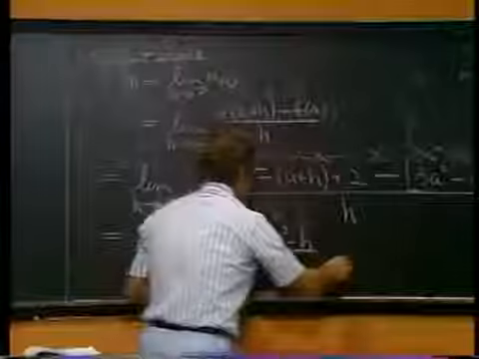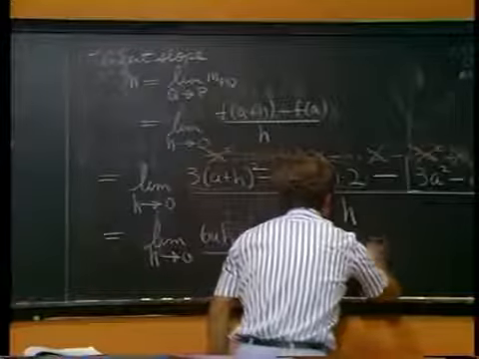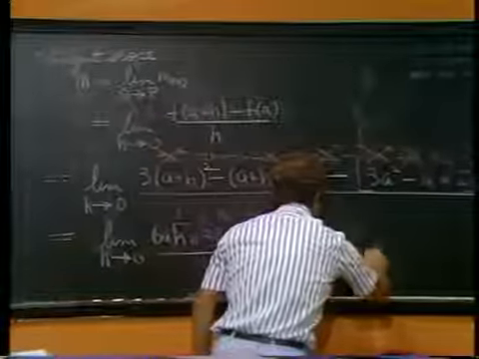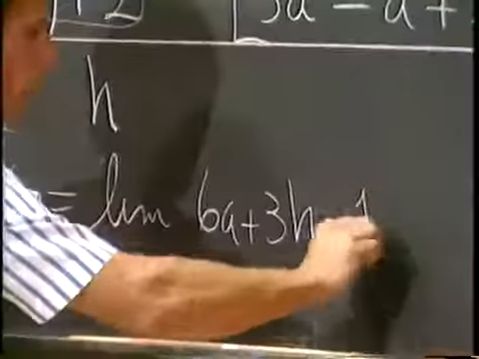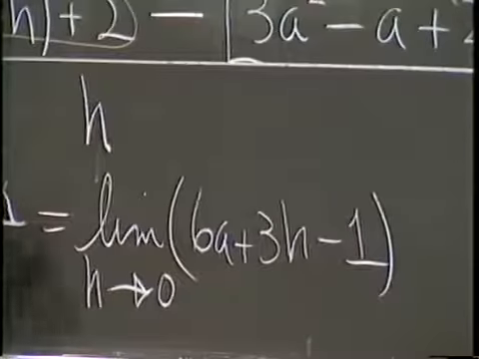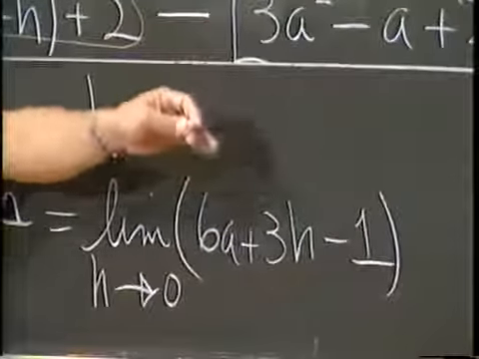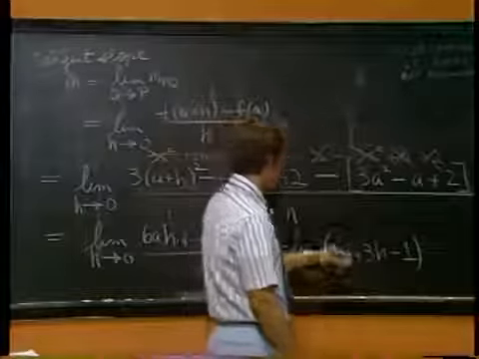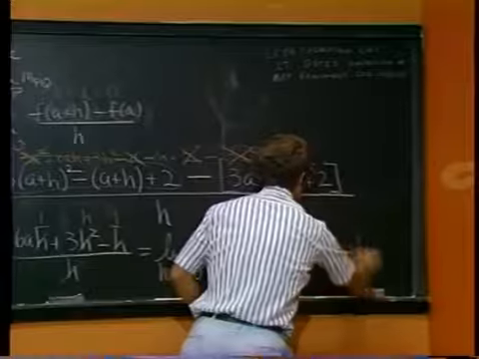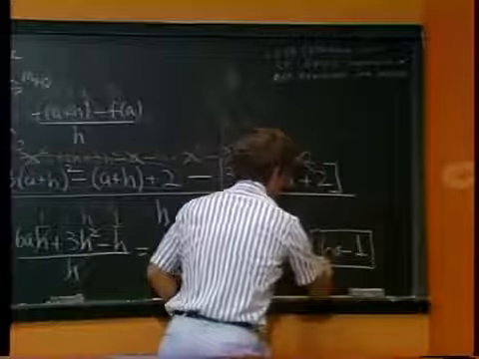Our limit now, very simply, is the limit as h goes to 0 of 6a plus 3h minus 1. And I hope at this point all of you can say that's a polynomial in h, so we just evaluate it at h equals 0. And what you get finally here is 6a minus 1.